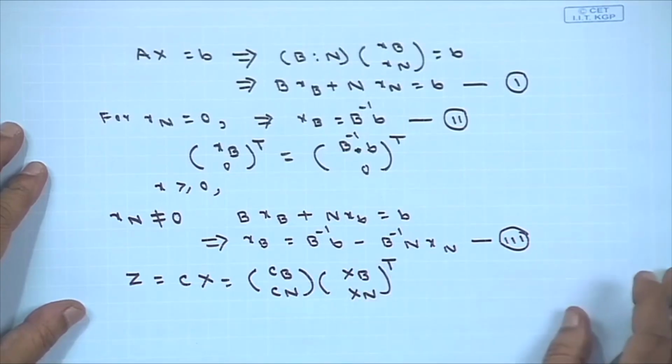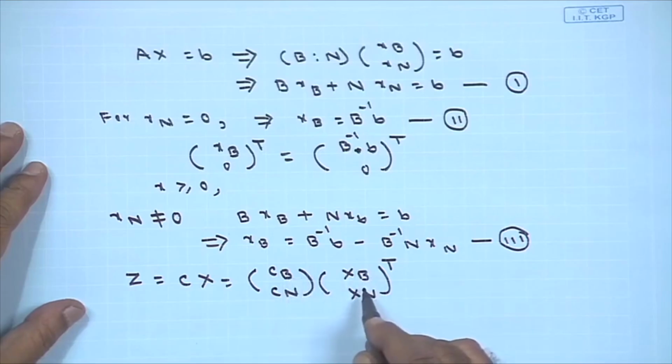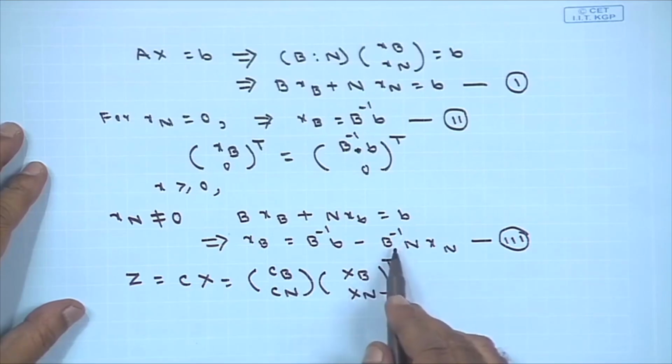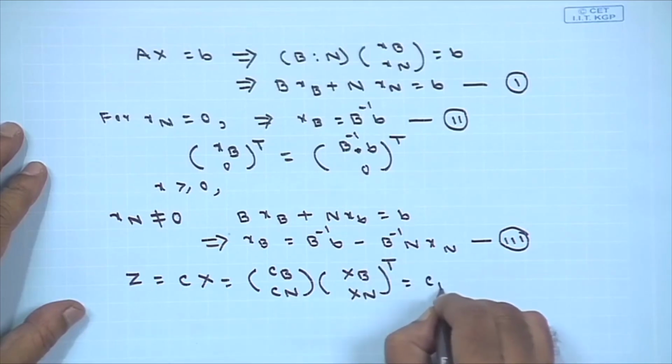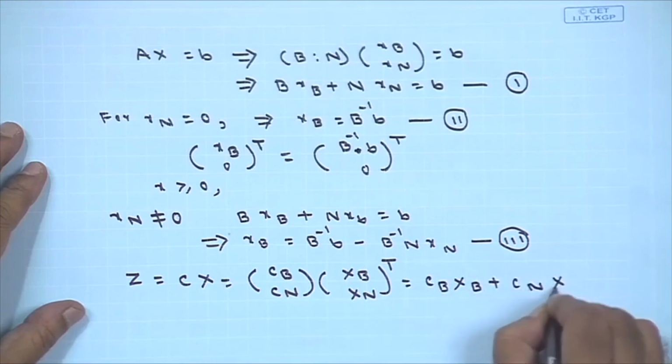In matrix notation we are writing it as C_B x_B plus C_N x_N, and if you put the value of x_B from equation 3 here, it is basically C_B x_B plus C_N x_N.